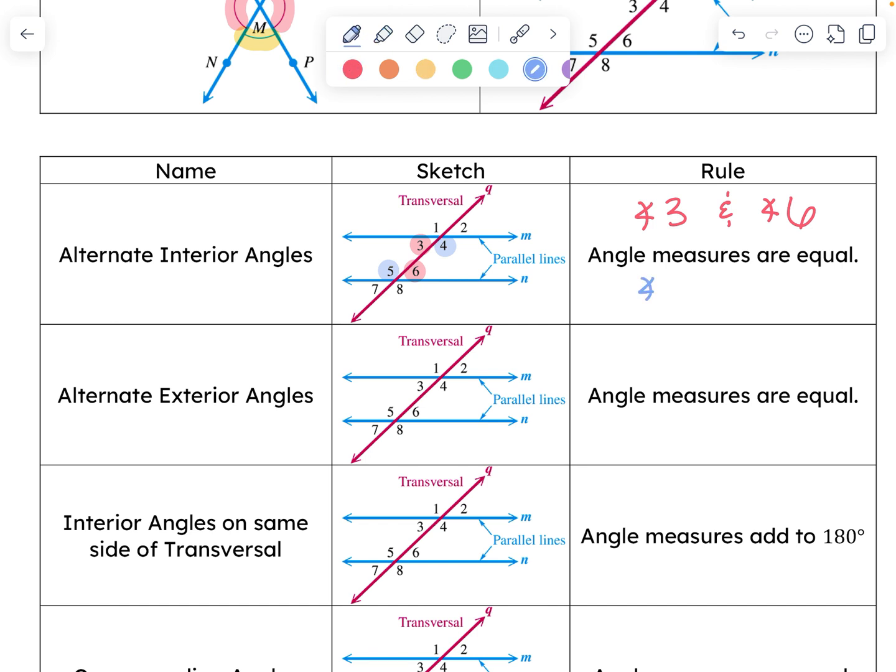Alternate interior angles are angles that are on alternate sides of the transversal, so opposite sides of the transversal. And interior means that they're on the inside of the parallel lines. If they are alternate interior angles, then the angle measures are equal. They are the same degrees. So 3 and 6 would have the same degree measure, 4 and 5 would have the same degree measure.